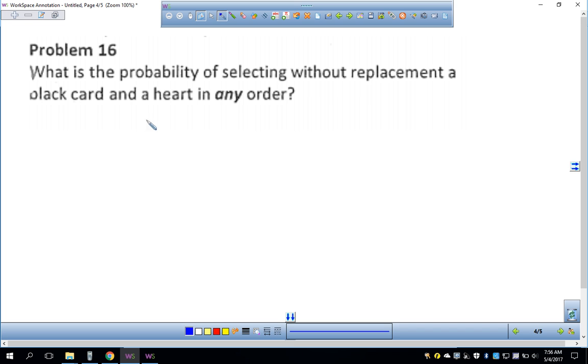What's the probability of picking out a black card? 26 out of 52, right? Without replacement. So now how many do I have to choose from? I have 51, right? And then a heart. So how many hearts are there? 13.